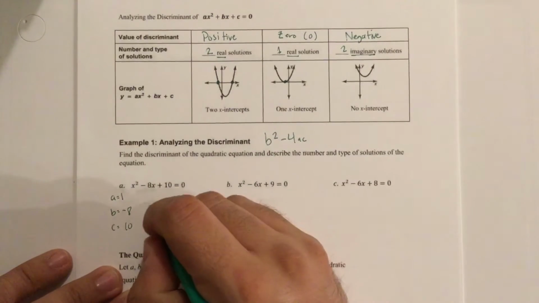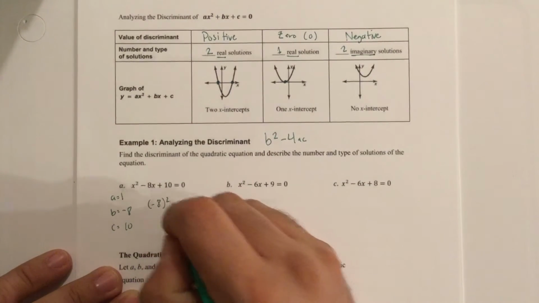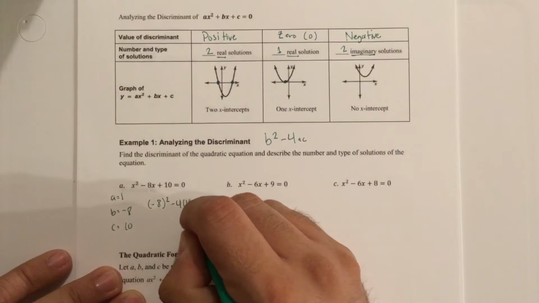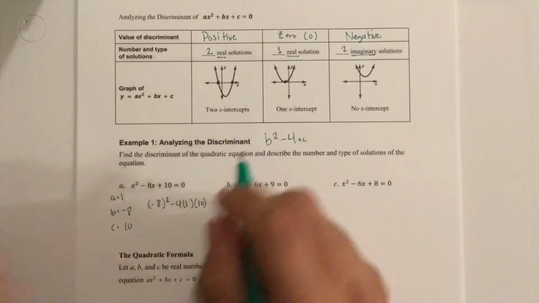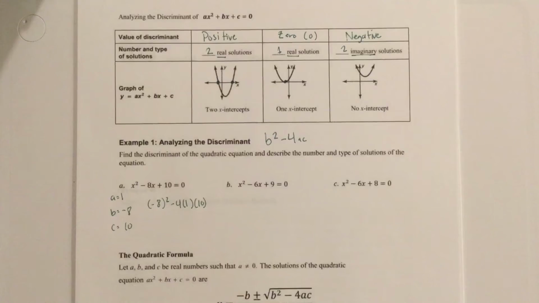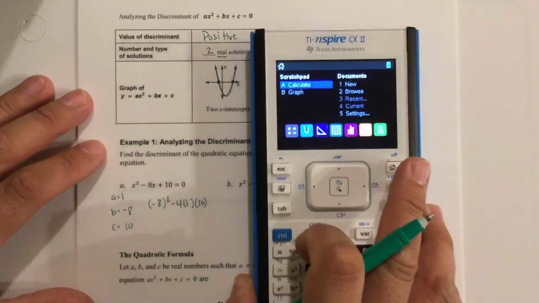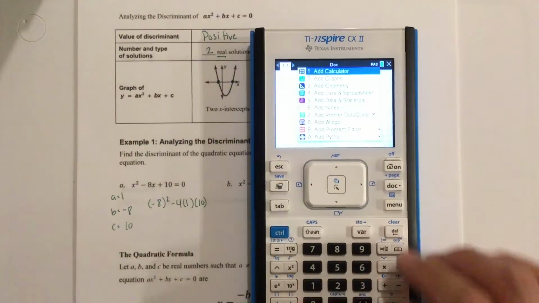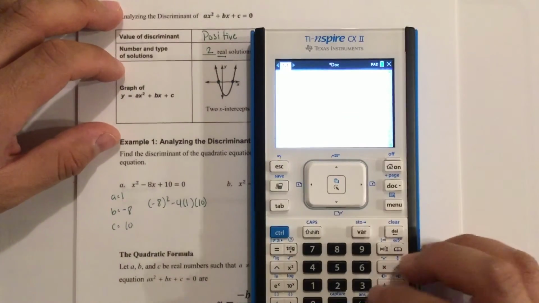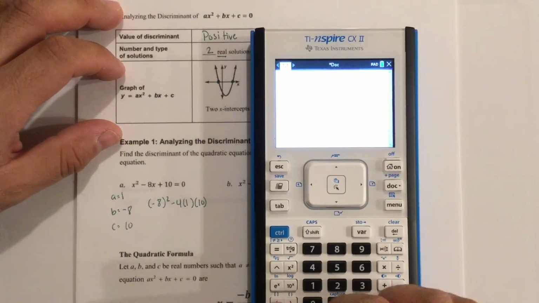So we do b squared, and make sure you put this in parentheses, minus 4 times a times c. I'm just going to type it into my calculator so I don't make an error. Type it the way you see it.